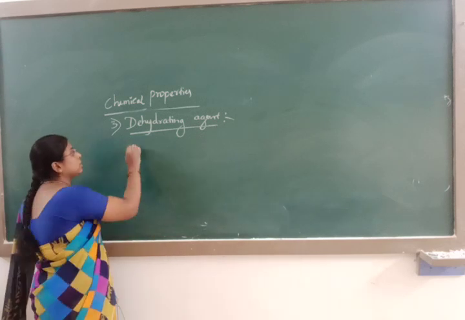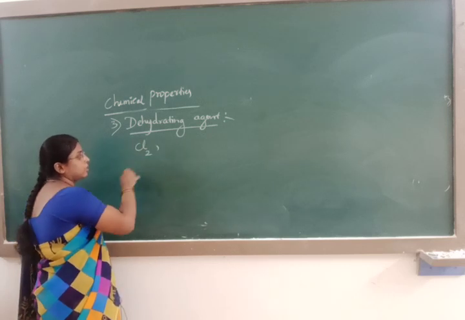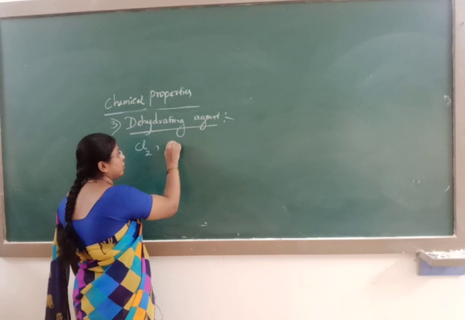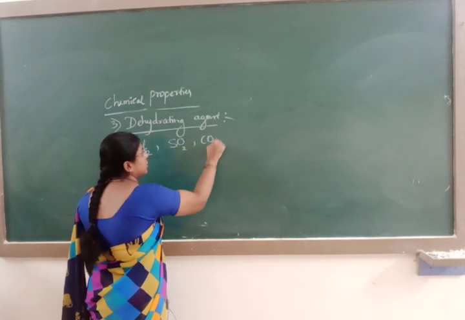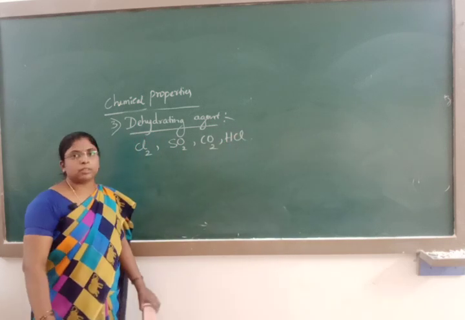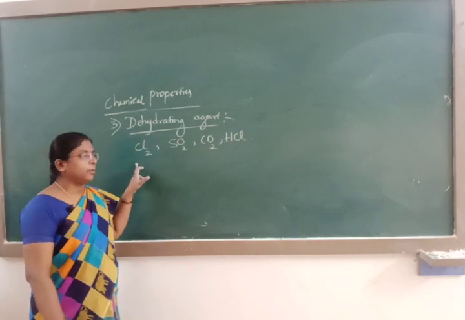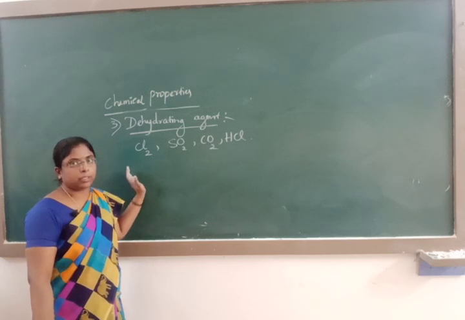Concentrated sulfuric acid can be used to dry moist gases like chlorine, sulfur dioxide, carbon dioxide, HCl. If these gases contain a small amount of moisture, they are passed through a solution of concentrated sulfuric acid.